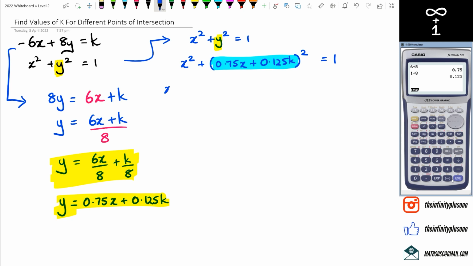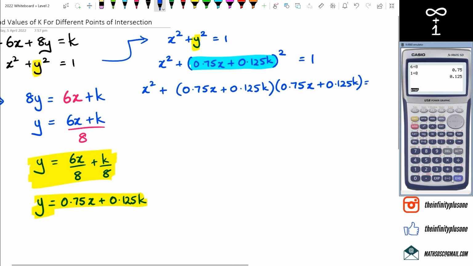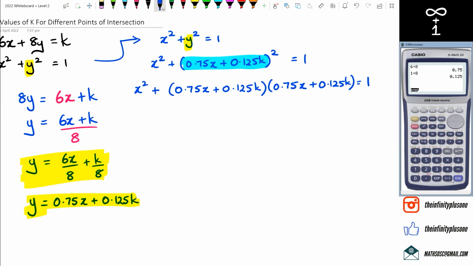Because we're going to expand it, I always just write the two brackets next to each other, because it makes it easy for me. So I'm going to put down 0.125k multiplied by 0.5x plus 0.125k, and all of that is actually equal to 1.